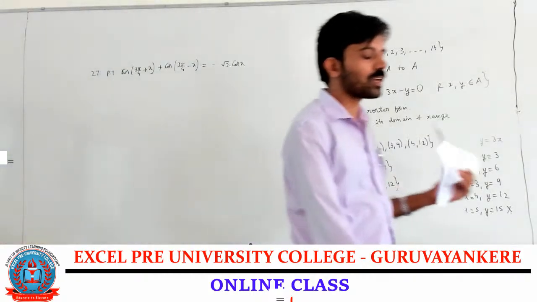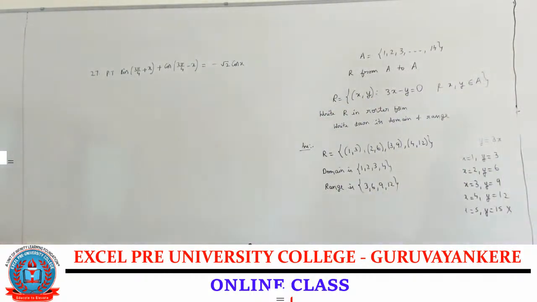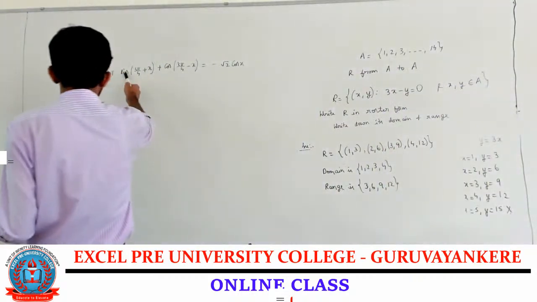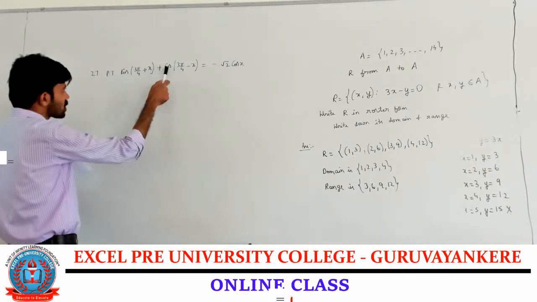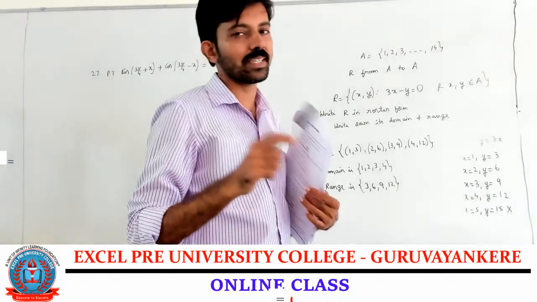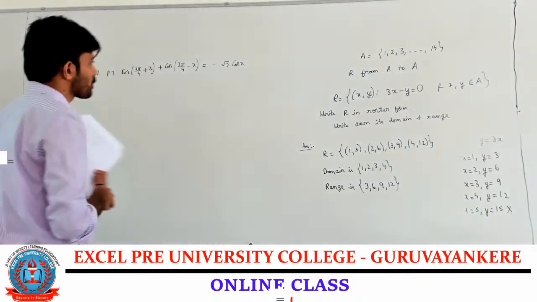Use the formula: the left hand side is of the form cos of (x plus y) plus cos of (x minus y). Cos of (x plus y) expands to cos x cos y minus sin x sin y.